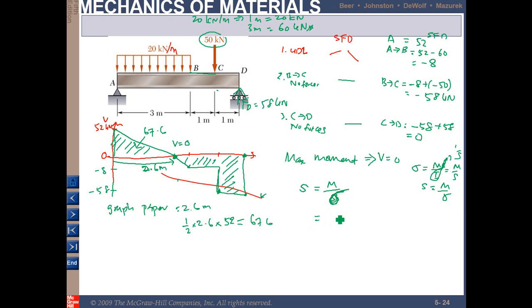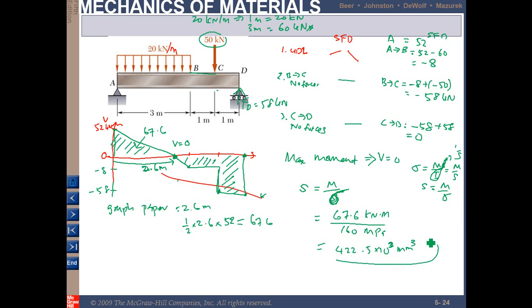So M is equal to 67.6 kilonewton meter. And then the allowable stress is given in the equation, which is 160 MPa. And then you get the value is 422.5 times 10 to the power of 3 mm cubed.